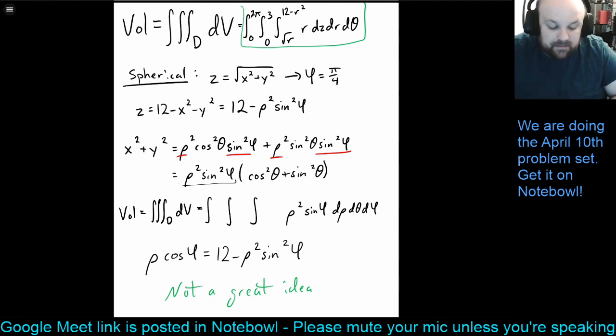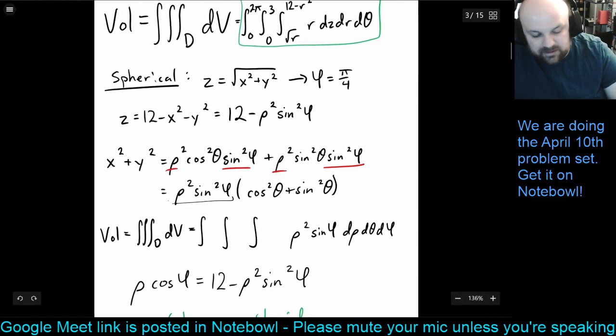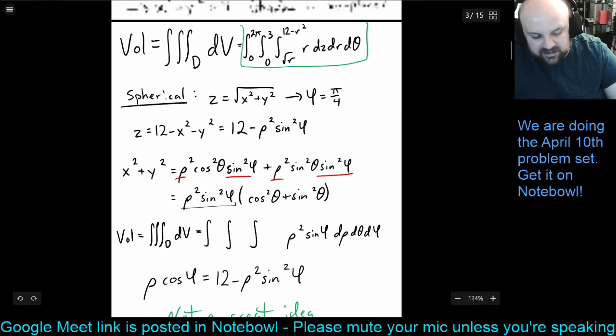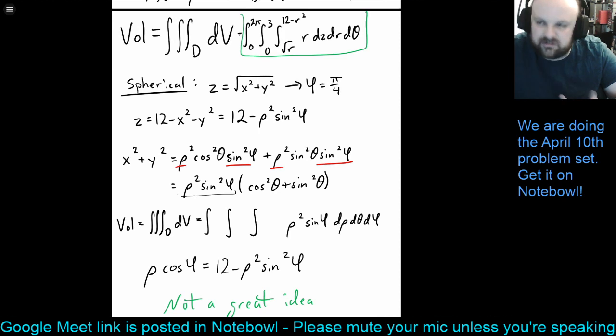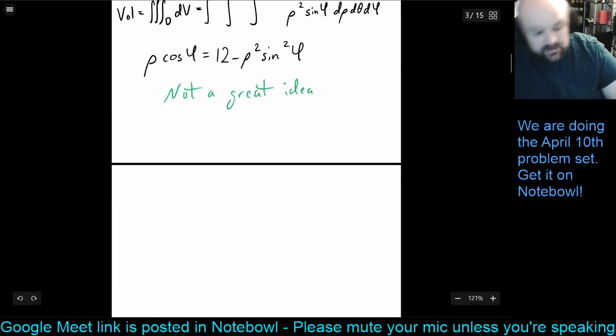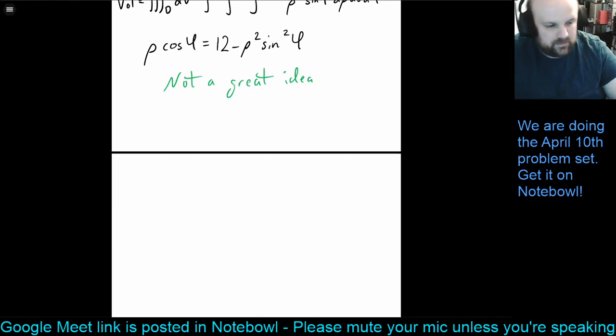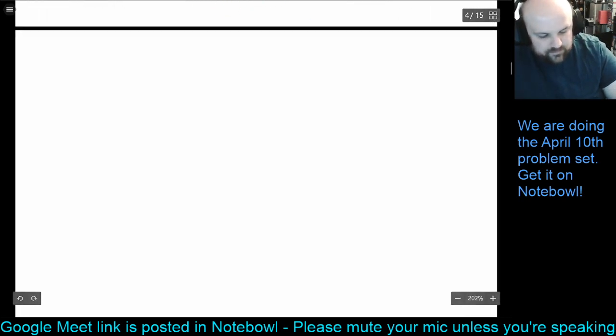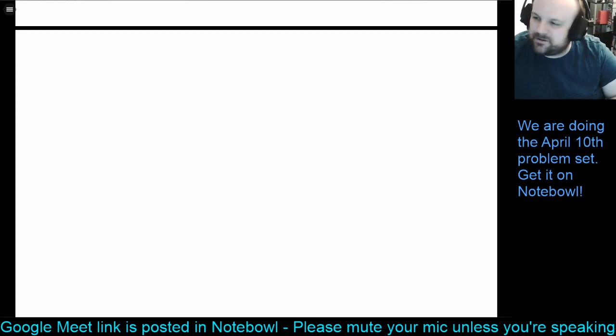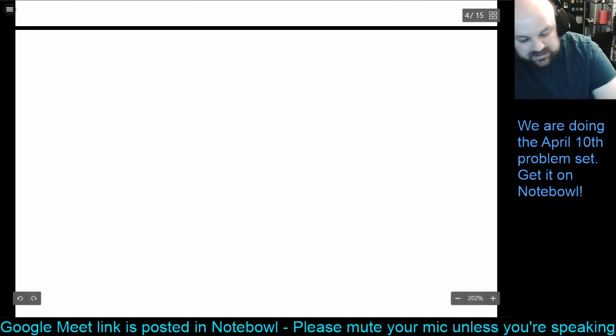And so setting up the bounds in spherical is actually going to be kind of hard. So you really want to think about what your shape looks like and what kind of equations are involved in it, and using that, you can get to a simpler solution. Okay. So that's an enlightening detour. All right. So let's go on to the next problem.